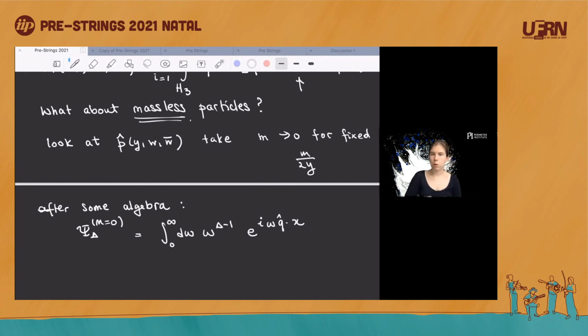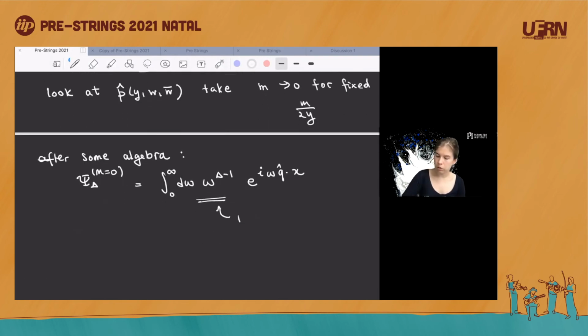So the bulk to boundary propagator collapses to just the integral against the bulk to boundary propagator of a plane wave, which is just an integral transform called a Mellin transform.